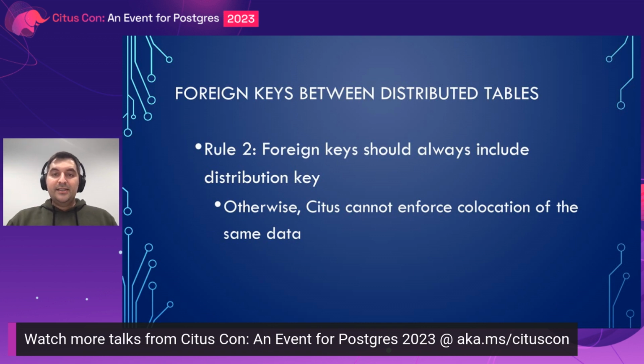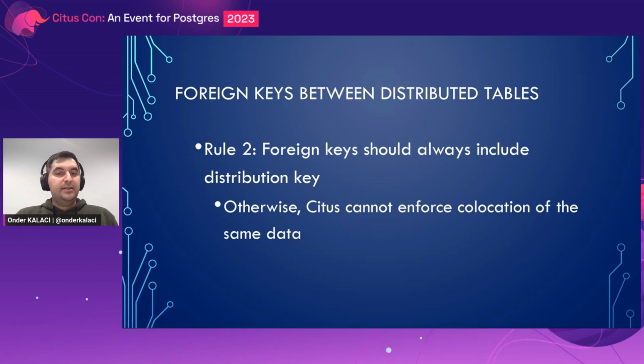And as long as the data is on the same node, Citus can create foreign keys between these two shards. So for example, if you have this collocation group of 32 shards, and you have two distributed tables, then creating a foreign key will result in creating 32 foreign keys between these 32 shards.